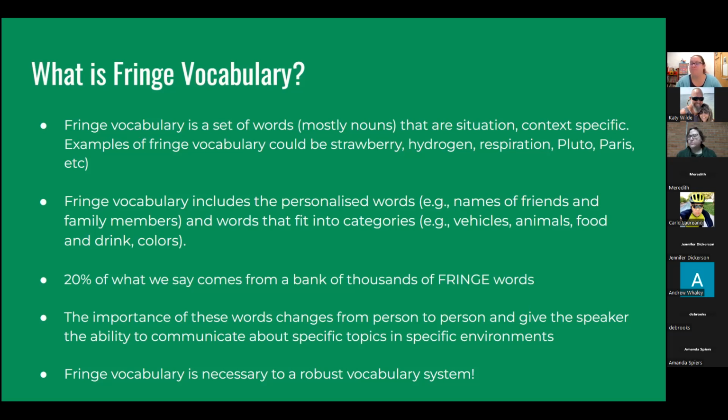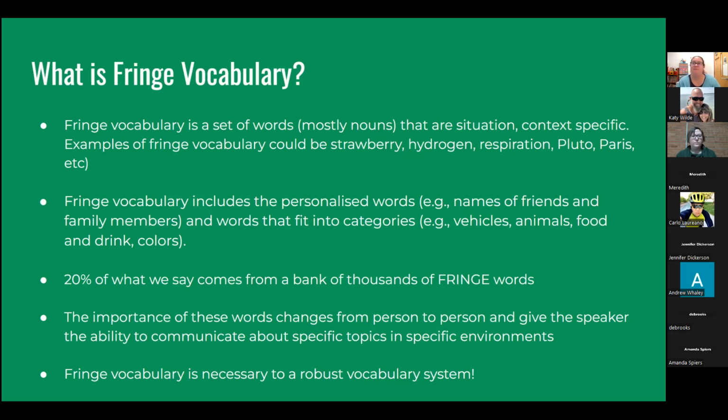So the importance of those words changes from person to person. They give the speaker the ability to communicate about very specific topics in very specific environments. But we have to have that vocabulary as part of a robust vocabulary system.